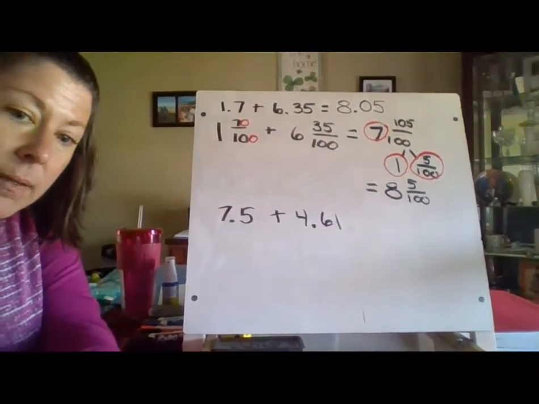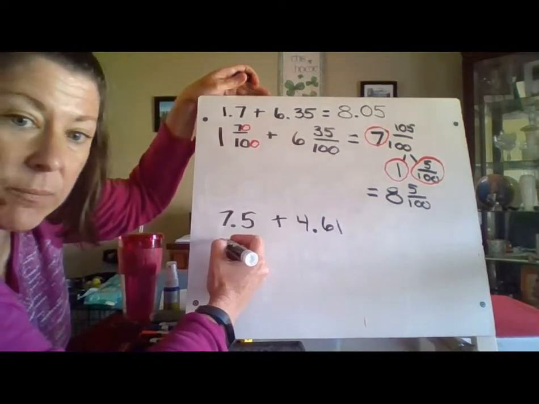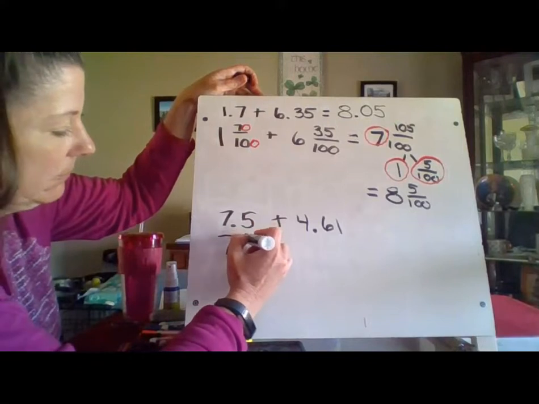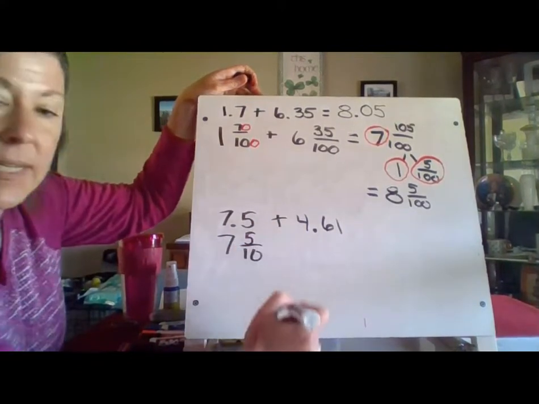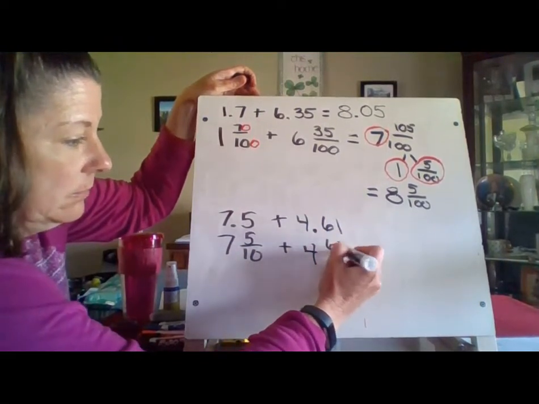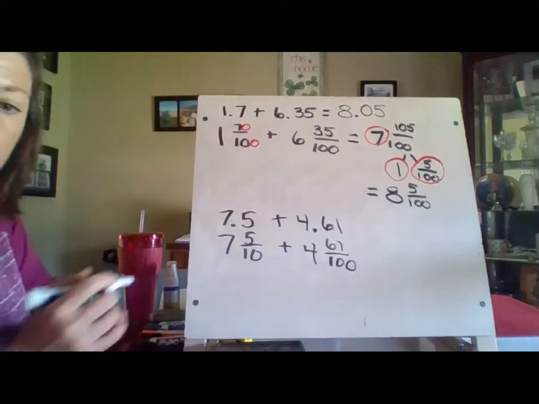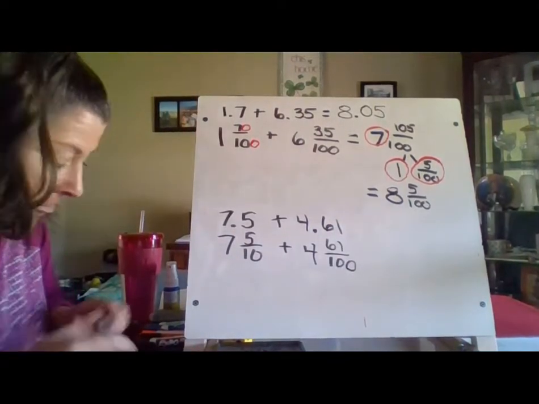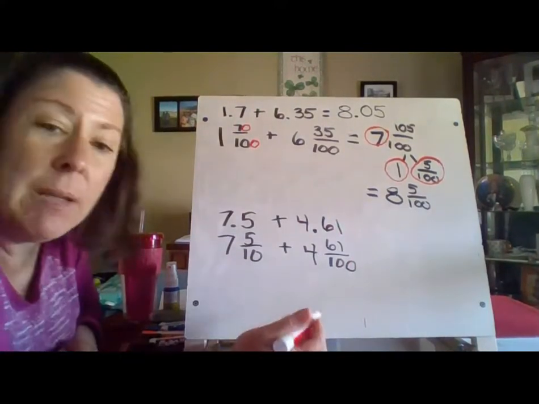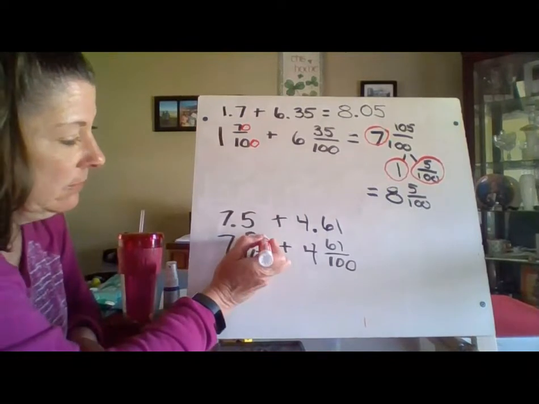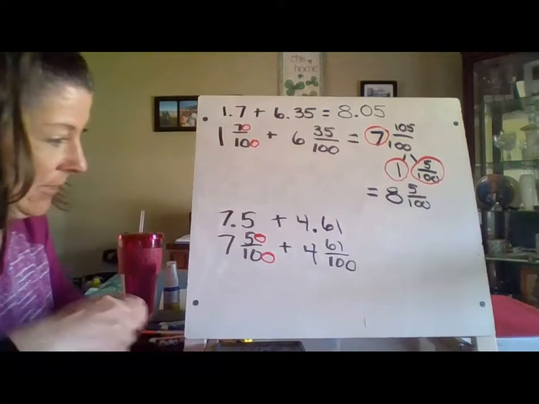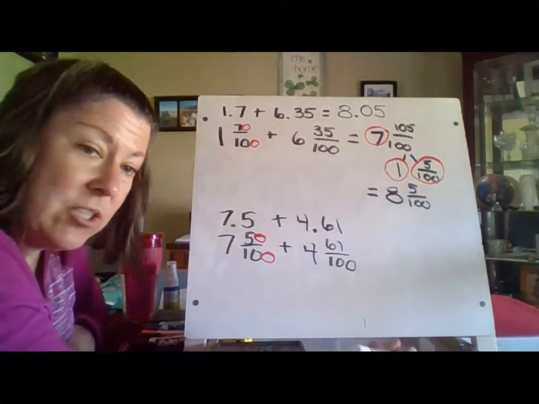Now, I'm going to rewrite my decimals as fractions first. 7 and 5/10ths. 4 and 61/100ths. I don't have apples to apples. So I'm going to rewrite that 5/10ths as 50/100ths. Now I can add my wholes and my fractions.